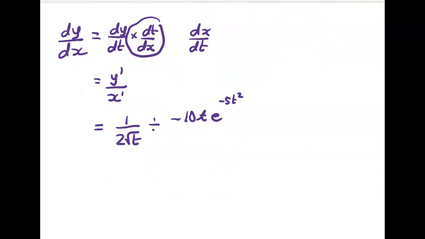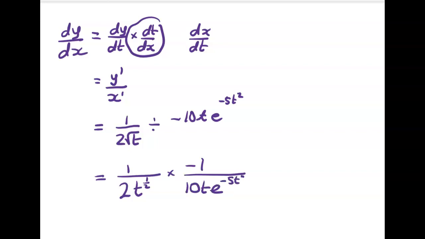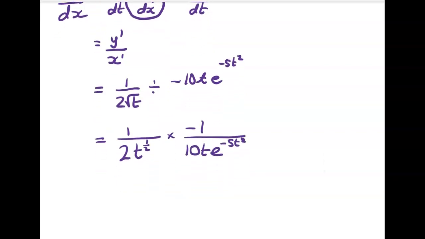Now, cleaning that up, what do we get? Well, I'm going to go back to fractional powers here. I've got 1/2 t to the power of a half times negative 1/10 of t e to the negative 5t squared, right? And I'm going to rearrange that and get negative 1/20.